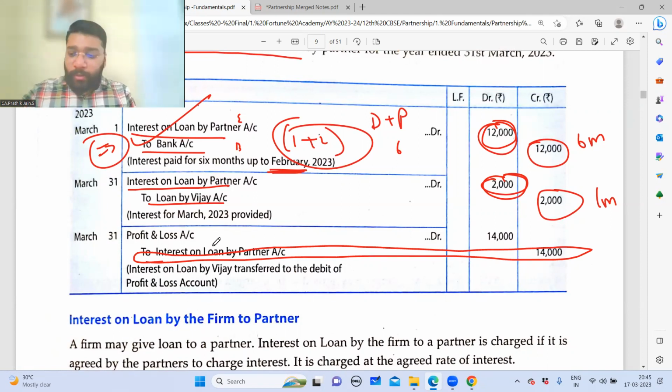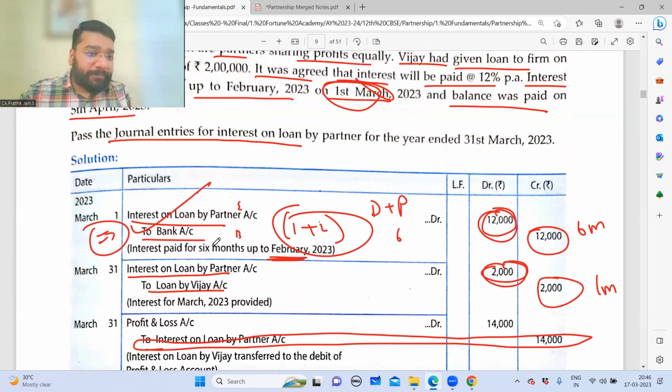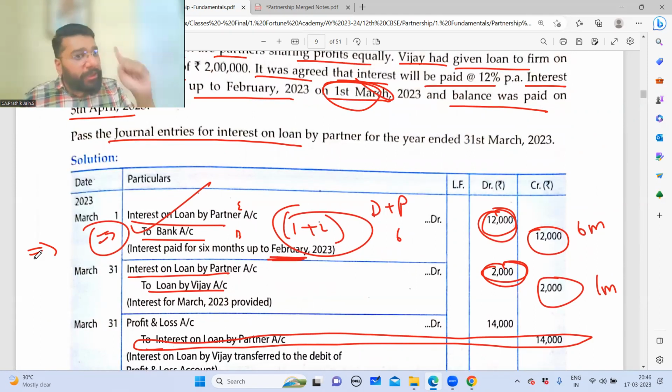So what you will remember is, as long as loan by partner, loan to partner and rent paid to the partner, these three concepts are concerned, wherever the payment is happening in the middle of the year, you will pass the due entry and payment entry combined, like the first entry. Am I clear? Wherever they say that payment is not done, then you will pass only the due entry. Am I clear, everybody, online people? Hello? Yes, sir. Okay.